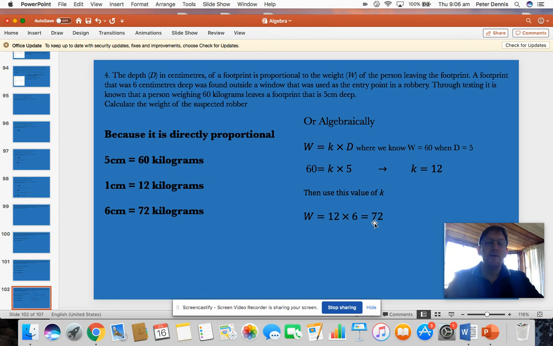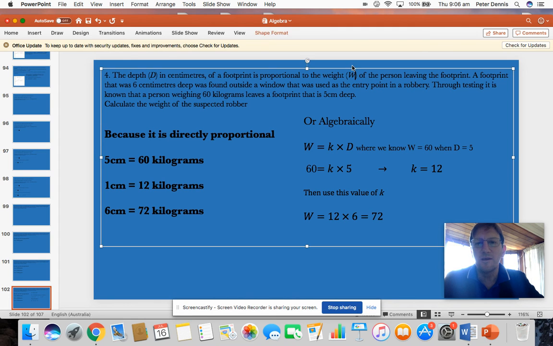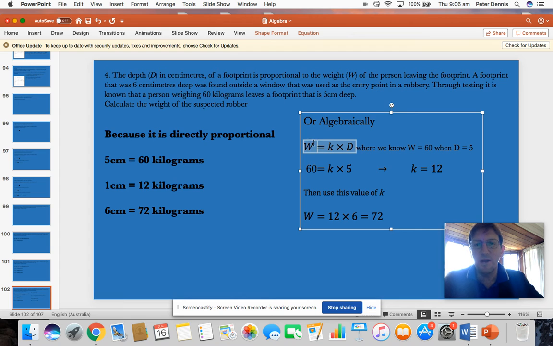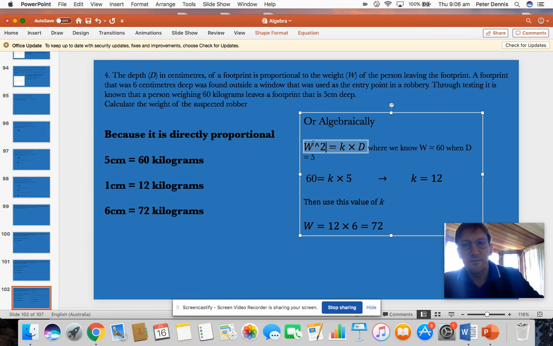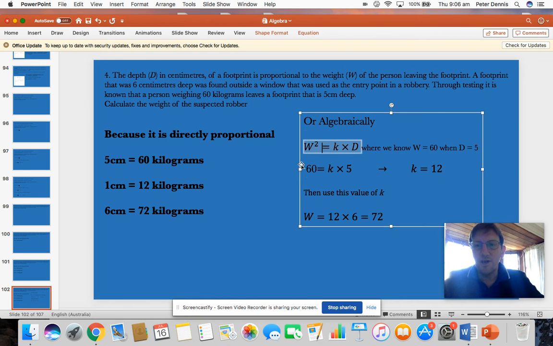Now remember, the important thing is that this method over here can only be used if it is directly proportional. If we change this question to the depth D in centimeters of a footprint is proportional to the weight squared, if this suddenly became squared, then you would have to put a square in here, which changes everything.